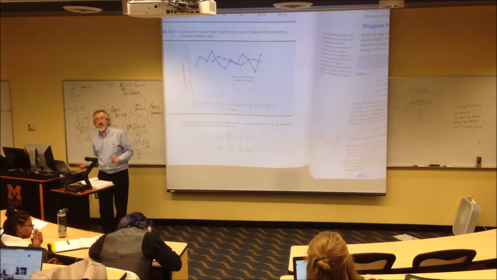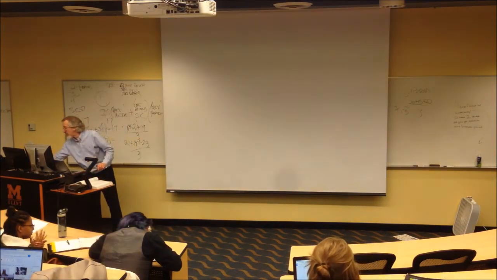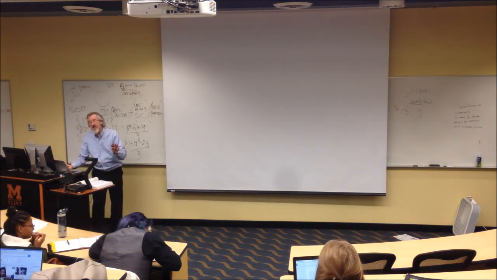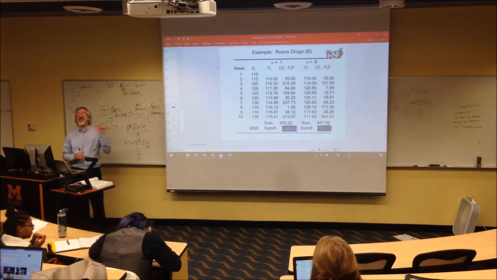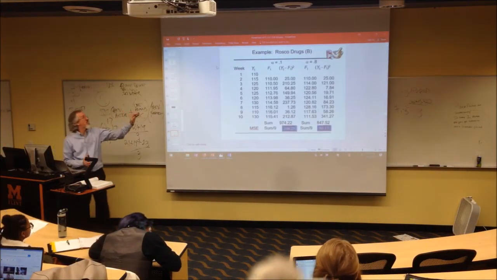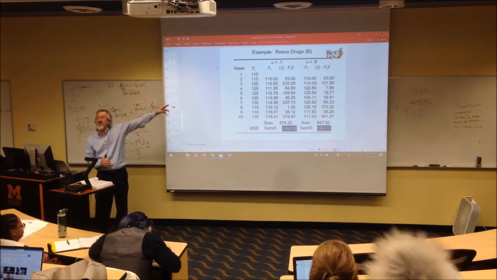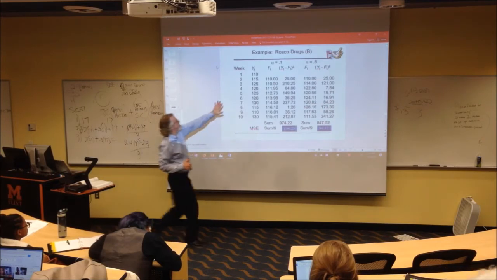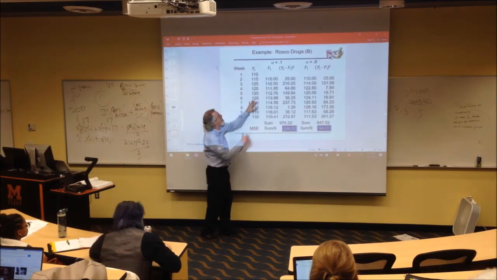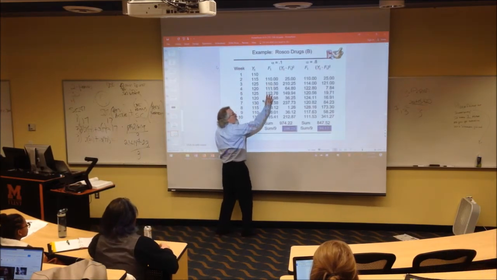Now here's where you need to be careful. Are you ready? We're going back here. If you're calculating the mean squared error, in this example, this is exponential smoothing with a 0.1 smoothing constant, exponential smoothing with a 0.8 smoothing constant. Here's the weeks, here's the actual. When we did 0.1, here are the forecasts.